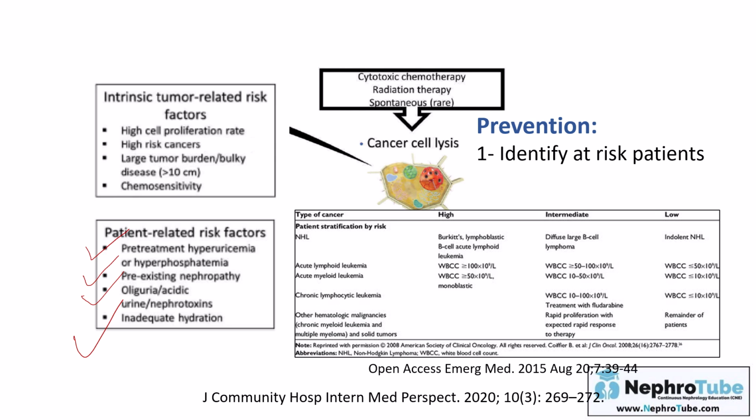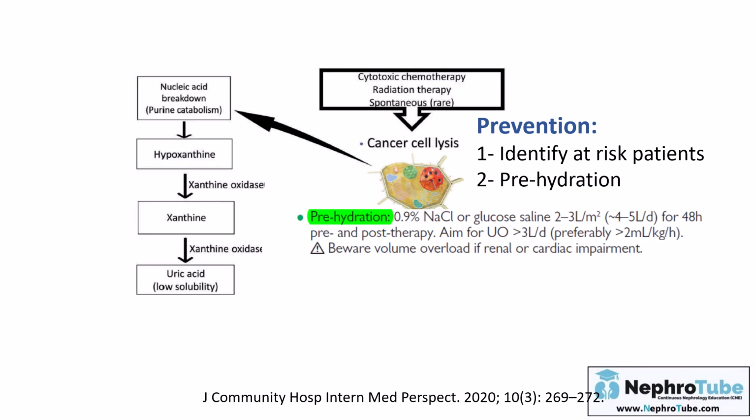Okay, after identification of patients at risk for the development of tumor lysis syndrome, what is the next step? The next step is that we must do very good pre-hydration. The patient must be hydrated.